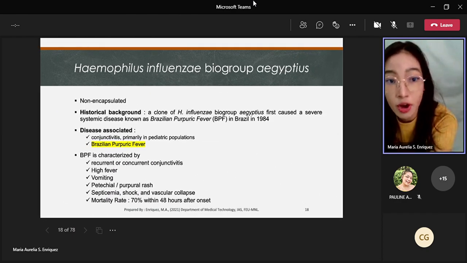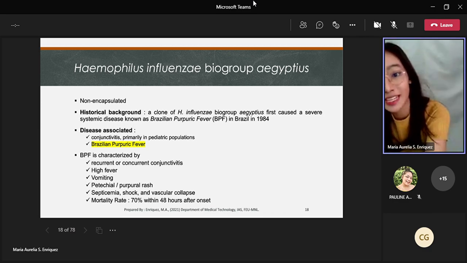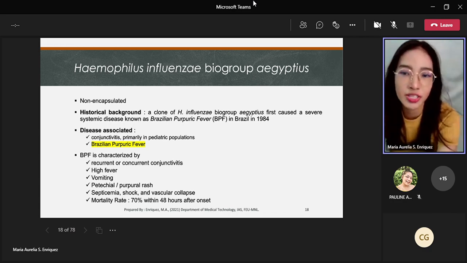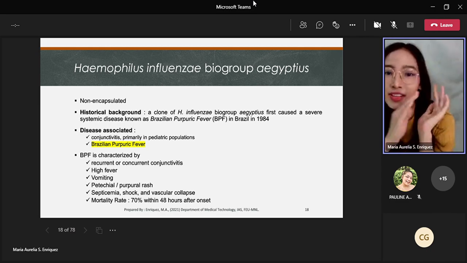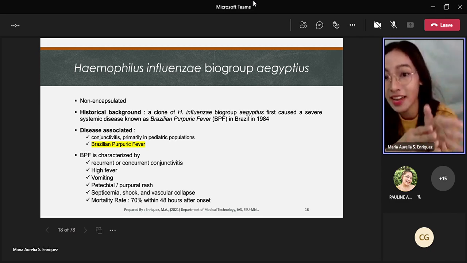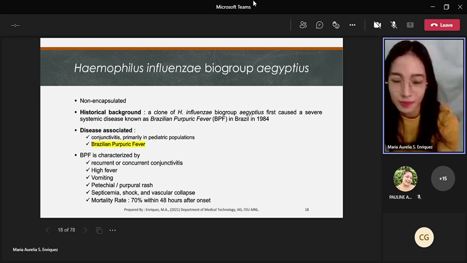Next is Haemophilus influenzae biogroup aegyptius. So this next pathogen is actually different from the Haemophilus aegyptius species. So this is the Haemophilus influenzae biogroup aegyptius.